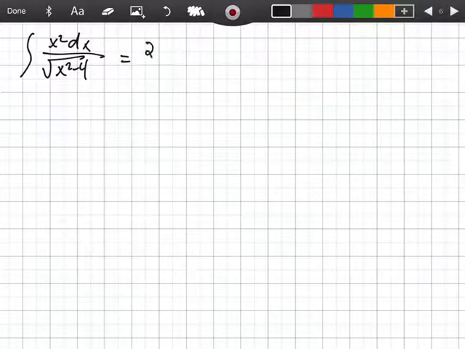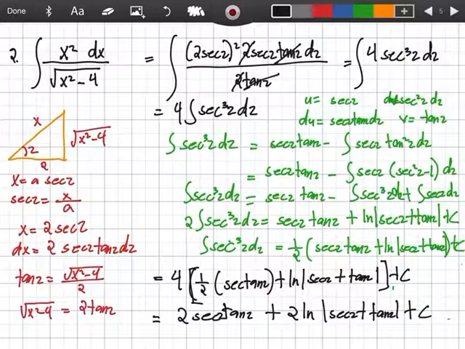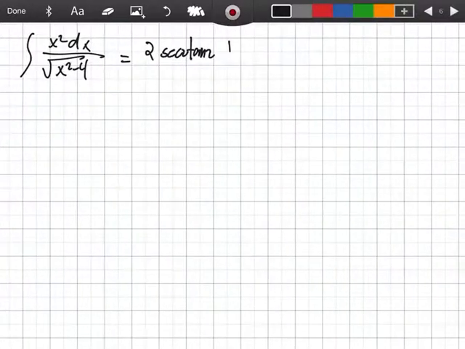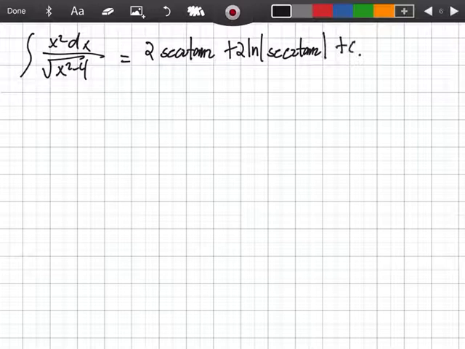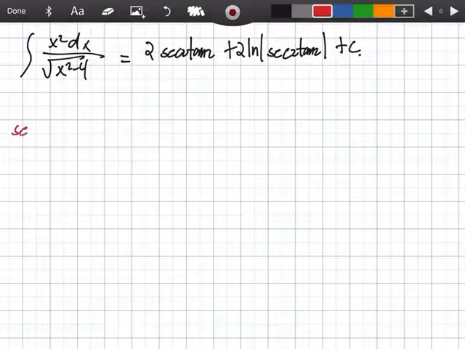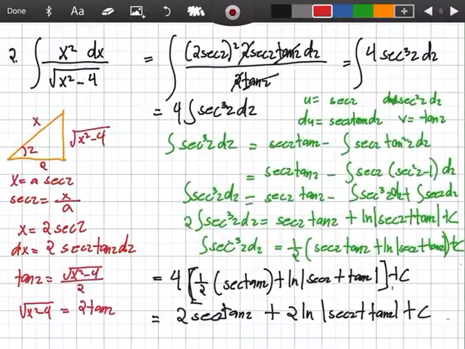So, nasa 2 secant z tan z plus 2 ln secant z plus tan z plus c. Okay, so ano ang secant z natin? Galing dito para hindi tayo nagko-copy. Secant z is x over 2. Tama?